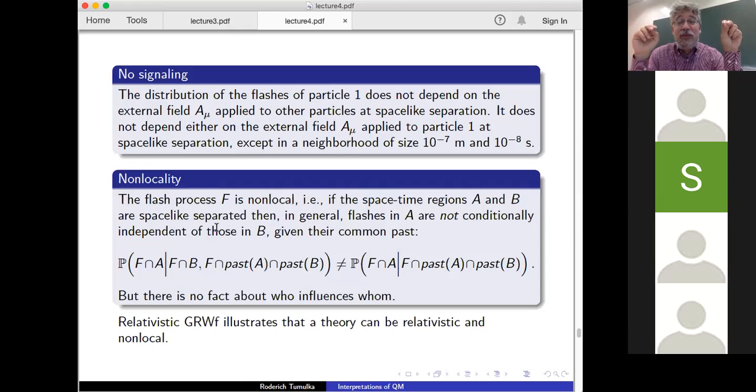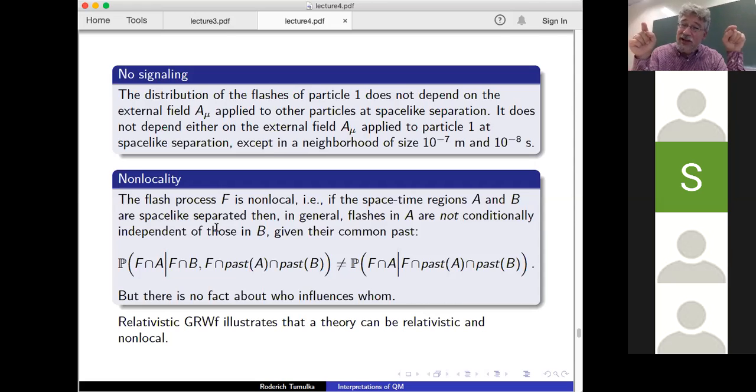So as soon as you think that nature has decided about the space-time location of one flash, that influences the conditional distribution of the flash on the other side. But there's no fact about who influences whom.